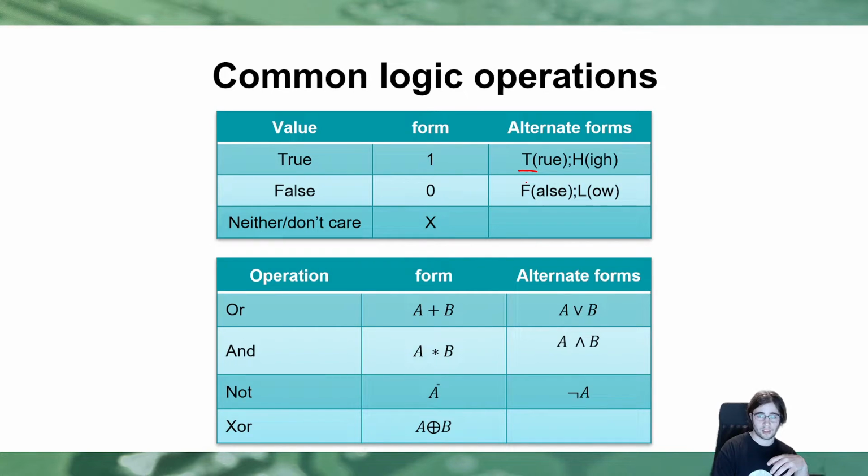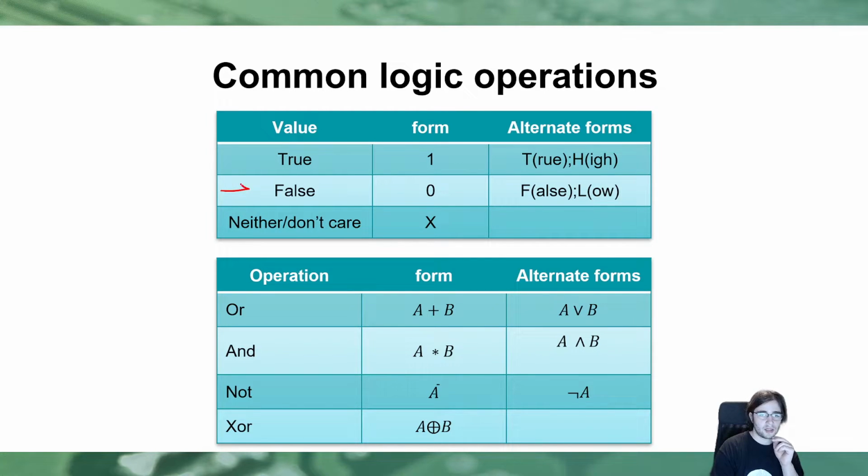In mathematics you sometimes write T, and in informatics you sometimes write H for high. High is like a signal, a high, positive voltage going through, or pull up, pull down, it's called. And yes, the high signal going through.